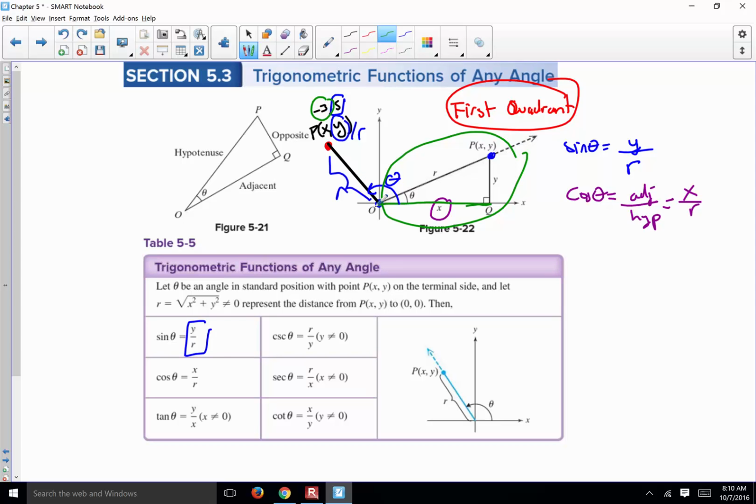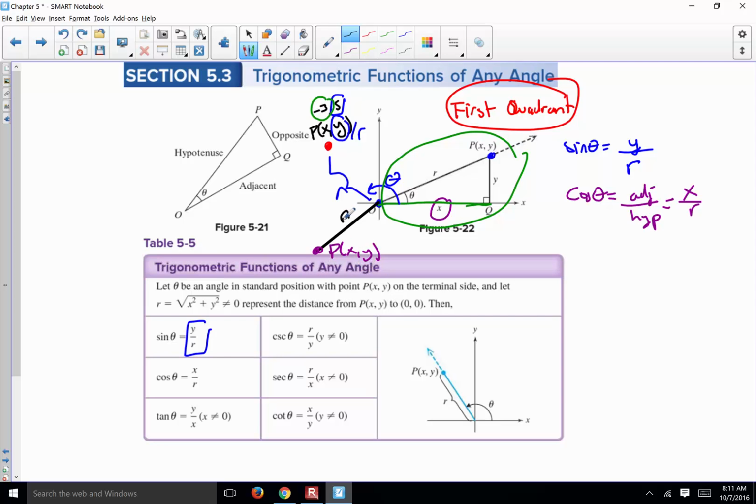Okay? So forget triangles now. Whenever I give you a point, like this time I'm giving you something down here, I will give you those two values, x and y, and when I ask you what is sine, you will tell me y over r. You will compute this distance and divide y by it. No more triangles, got it? Y over r.